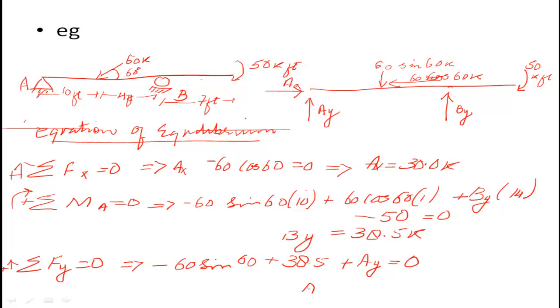Solving the equation, we get Ay is equal to 13.4k. Hope you have understood how to calculate the equations of equilibrium and how to draw the free body diagram.